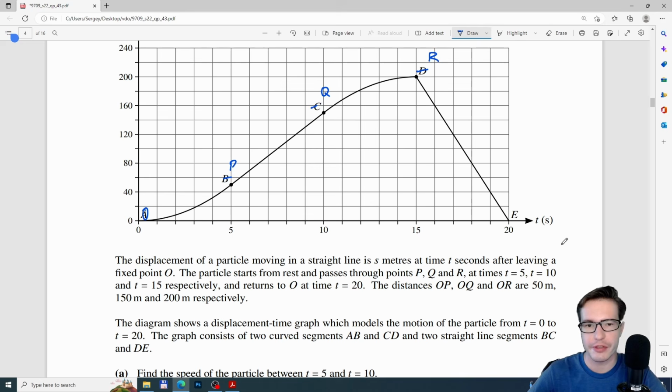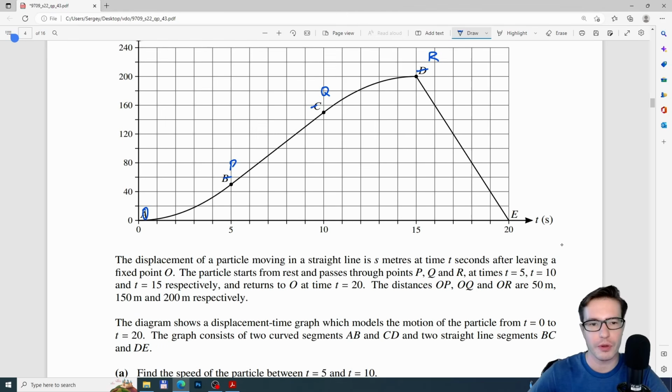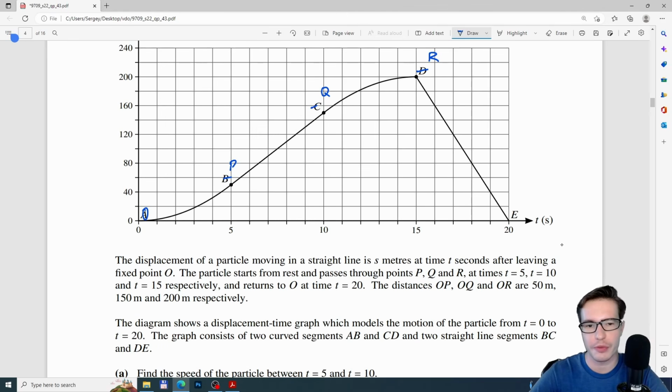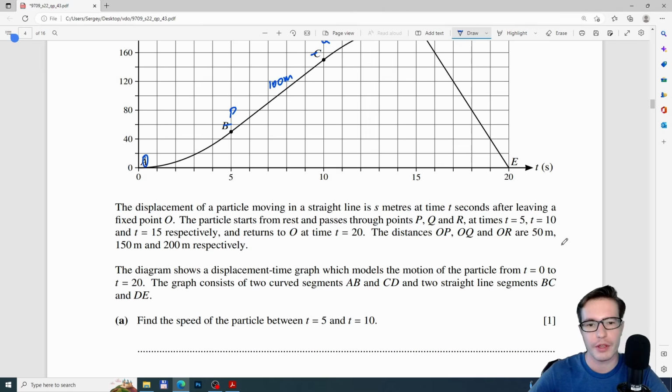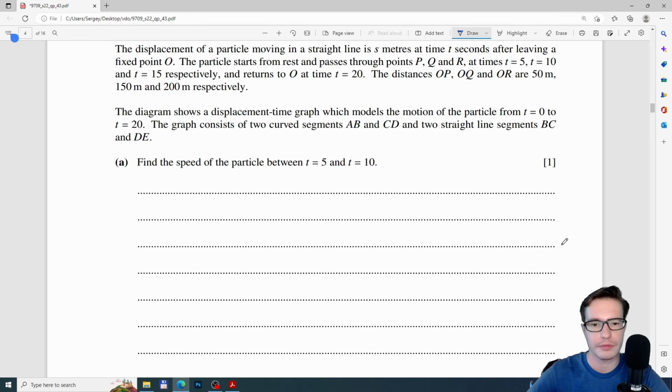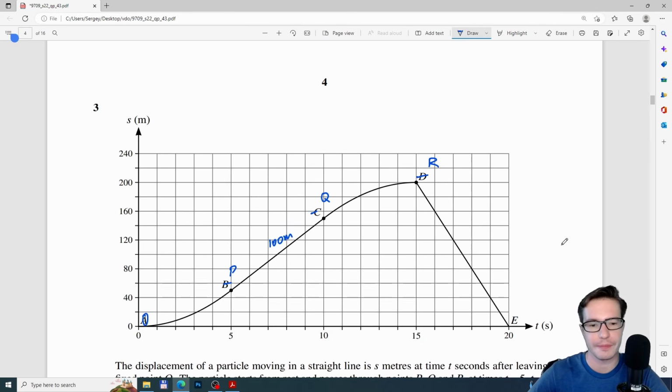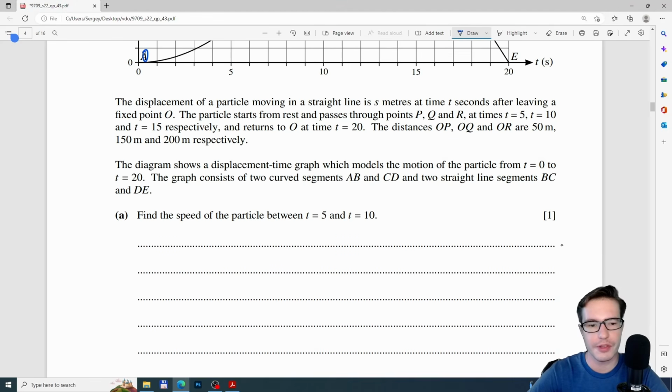So we know that the distance OQ is 150 and the distance OP is 50. So overall the distance from P to Q is 100 meters. And the time would be 5 seconds. So velocity is going to be 100 divided by 5, which is 20 meters per second.